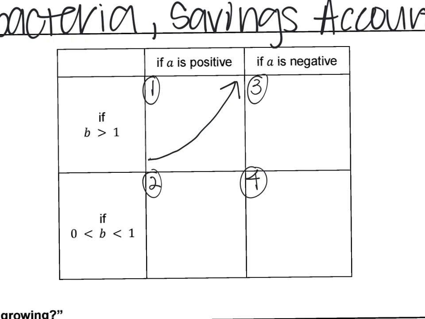If it's positive and B is between 0 and 1, so it's a fraction, a decimal of 0.3, 1/2, 1/3, something like that, it's going this way. If B is greater than 1 and A is negative, we're just flipping it over. It's going this way. And if A is negative and B is between 0 and 1, it's going this way.